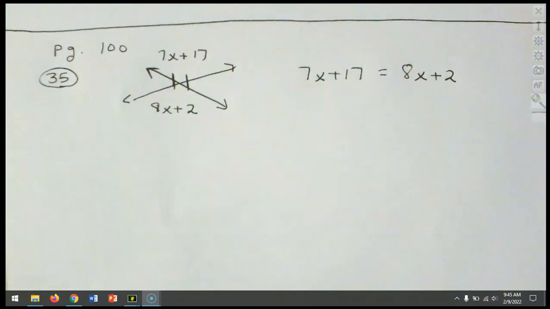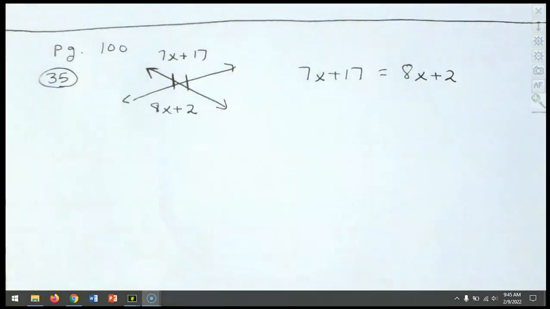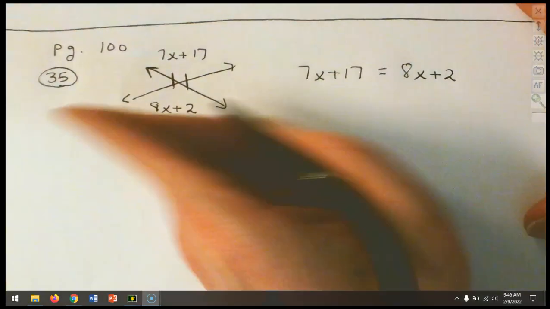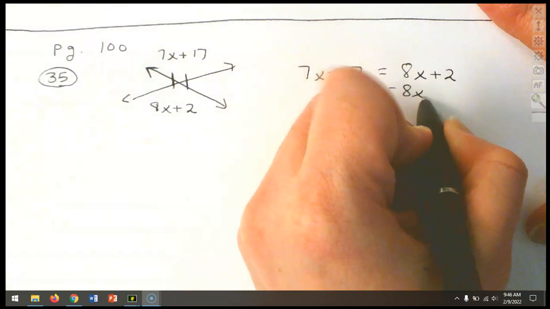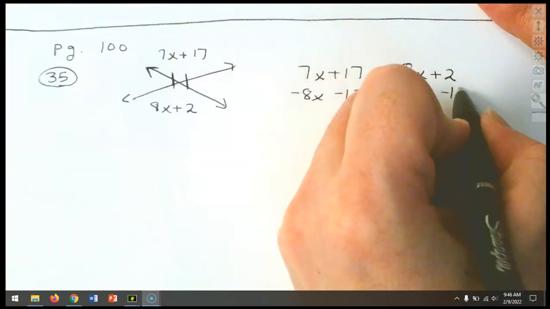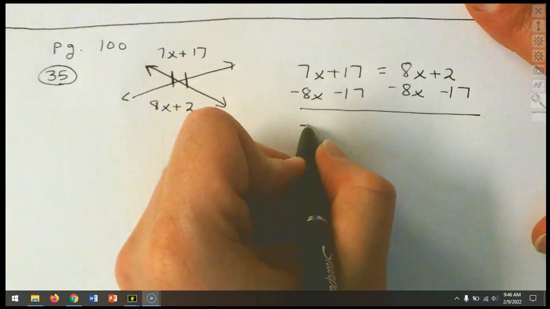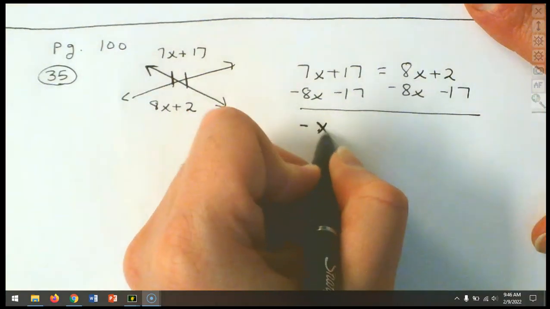Now, when we solve it, is x going to be our answer? No. Nope, because we take it, plug it back in, and get the two angles. So let's go ahead and solve this by moving things around. We're going to move that 8x over, and we're going to move the 17 over also. So 7x minus 8x, that leaves you with a minus x.